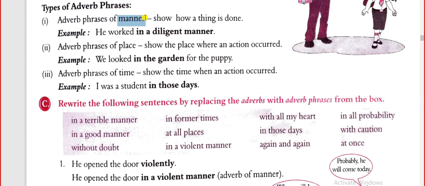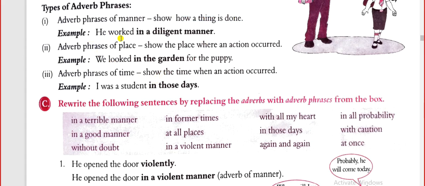Manner means, like, often a teacher asks a student, have you forgotten your manners? Have you forgotten the manner how to talk to your parents? Have you forgotten the manner how to talk to your siblings? Manner. तरीका, है ना. So it shows how a thing is done, या फिर कोई चीज किस तरीके से की जानी चाहिए. ओके.